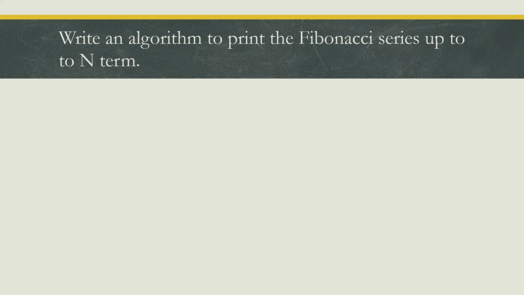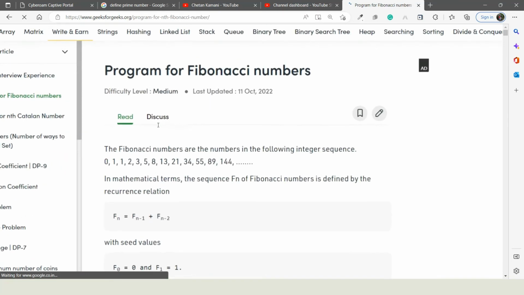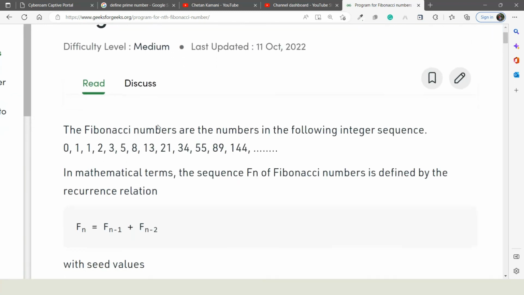So our next problem is: write an algorithm to print the Fibonacci series up to n terms. Before we design the algorithm for this problem, you must have an idea about the Fibonacci series. So let me show you what the Fibonacci series is and how it looks.